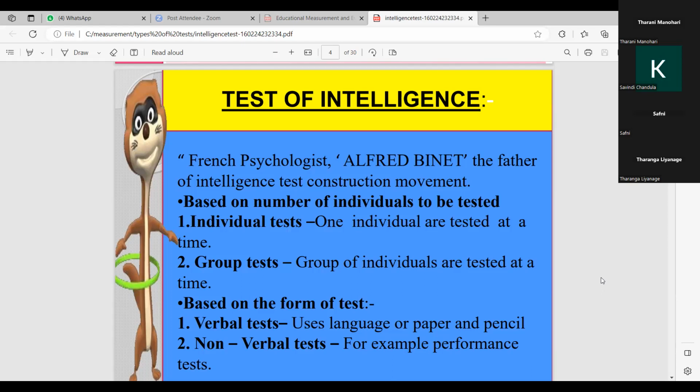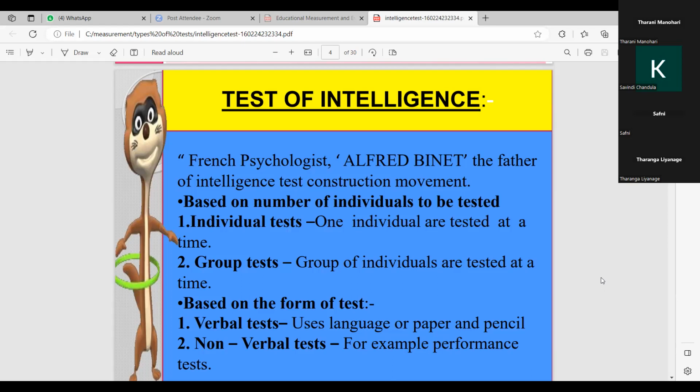So if the child being tested can do them, then we say, okay, the real intelligence expected at this age is there. If some students fail in doing the things in that list, we say they have lower intelligence than their age. So that's the basis of intelligence testing.